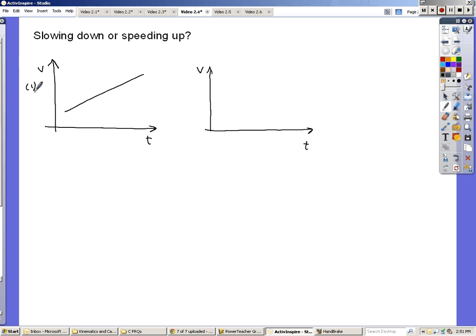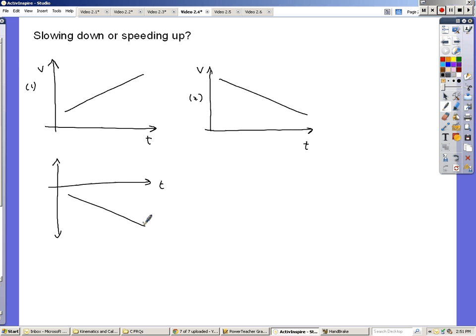Label this graph 1, graph 2, graph 3, and graph 4.